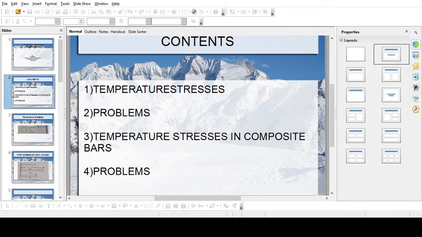First, let us study what temperature stress actually is.